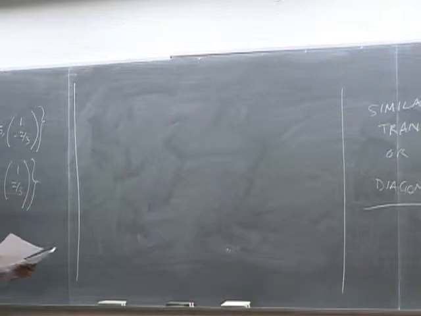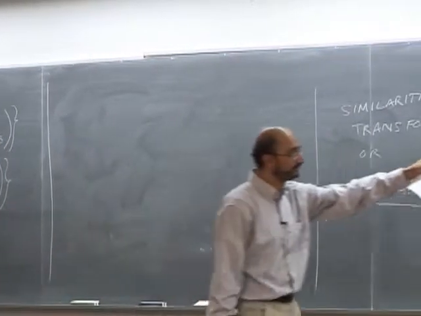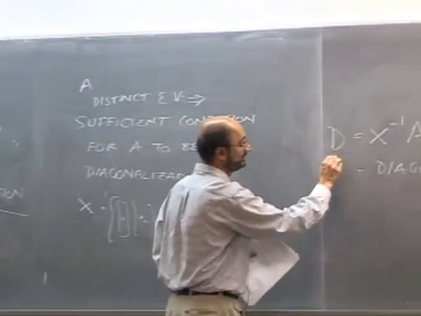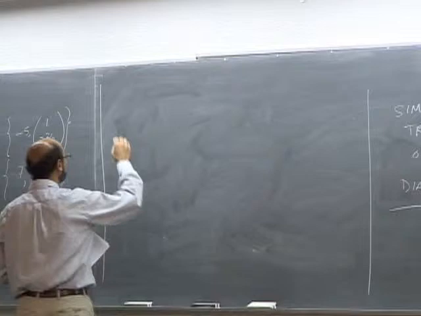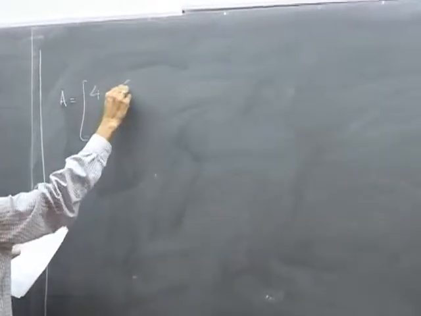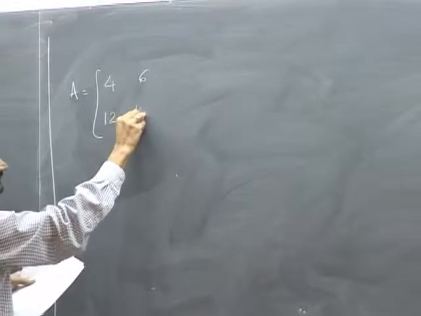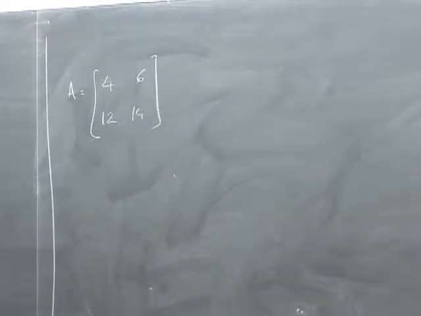So what I said was that for this particular matrix, the fact is that this matrix D is X inverse AX, which is diagonal. So let me give you an example from here. Let's say the matrix A is this matrix 4, 6, 12, 4. Again, it's sort of simple.